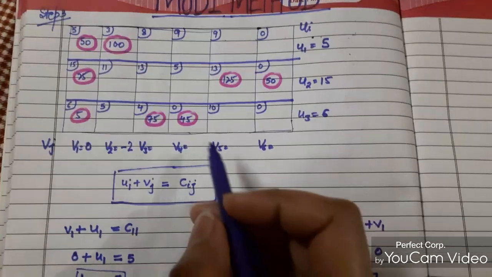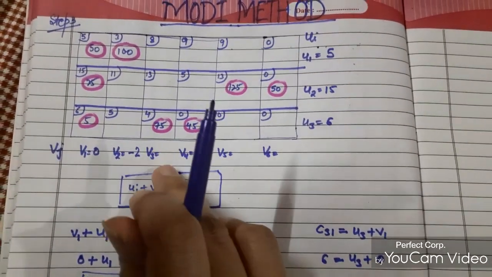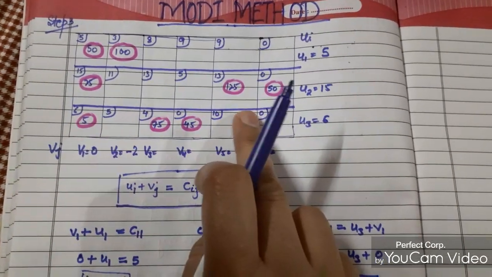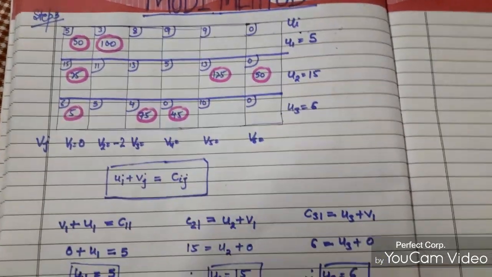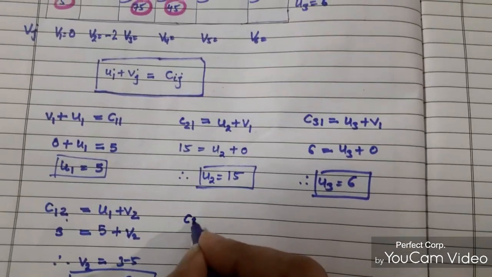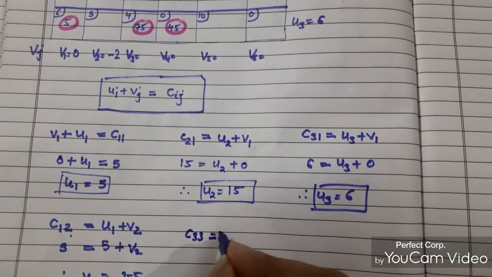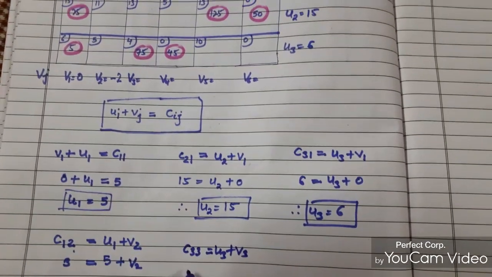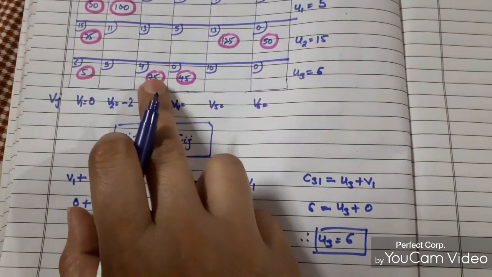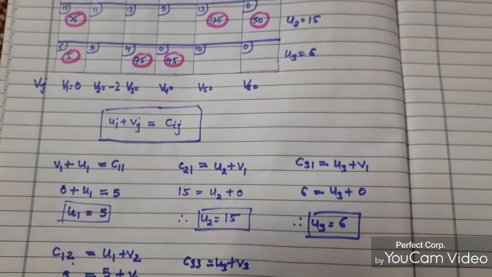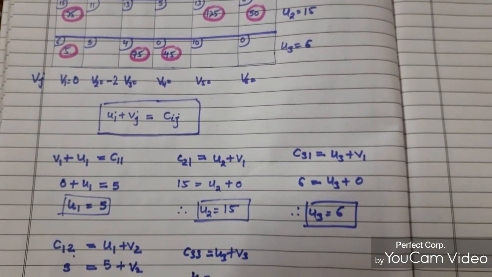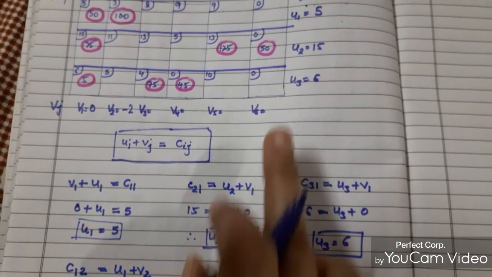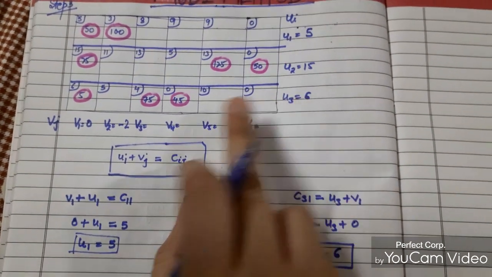Okay. We will find the value of v3. For v3, we have the allocation in this cell, C33. That means u3 plus v3, and the cost of C33 is 4. So we write 4 equals u3, and yes, we know the value of u3, this is 6, plus v3, which we have to find.